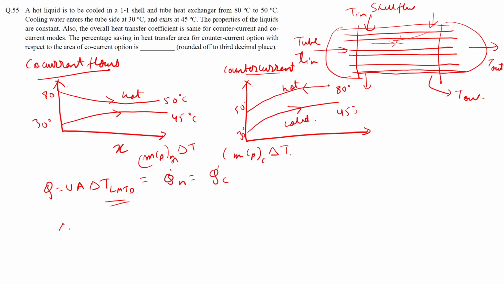And log mean temperature difference is defined as delta T1 minus delta T2 upon ln of delta T1 upon delta T2.